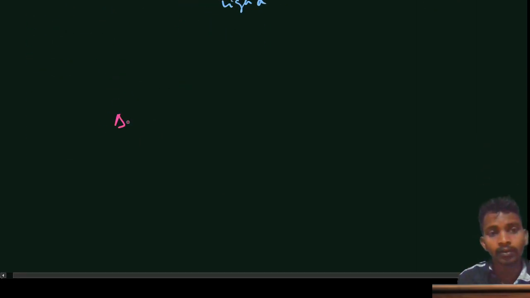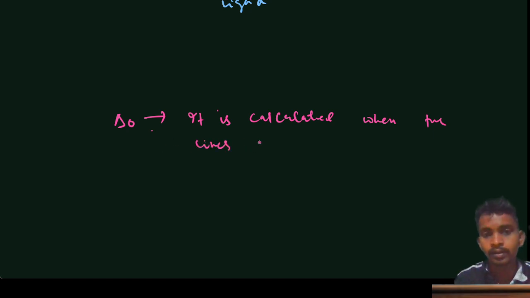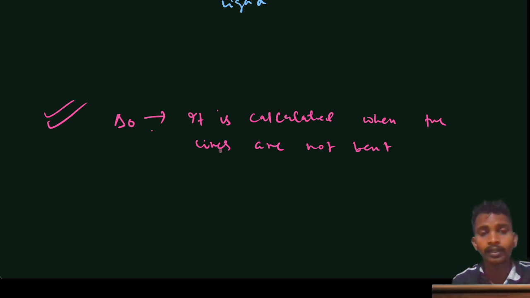Okay, so this delta naught is calculated where the lines are not bent. If lines are bent, then we can't calculate delta naught because that will not give the exact value, because they are bending.